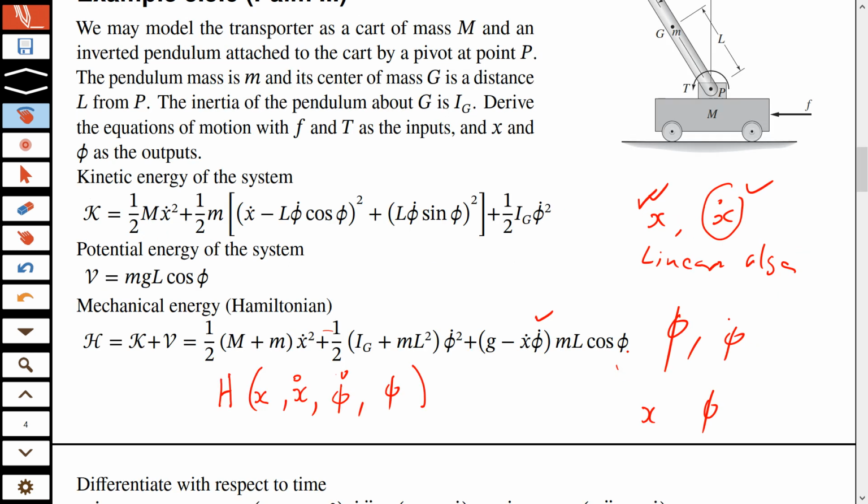So if we had that simplicity in this problem, then x would not be independent from phi, and x dot would not be independent from phi dot, and we would have only two quantities, either phi dot and phi or x dot. But here we lose that simplicity, so we have to include all the quantities. It's a function of x dot, phi dot.